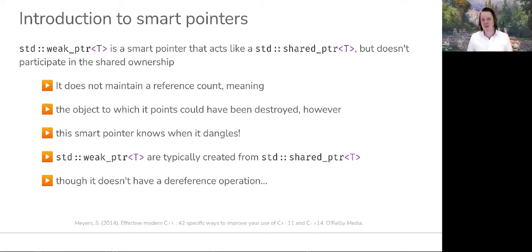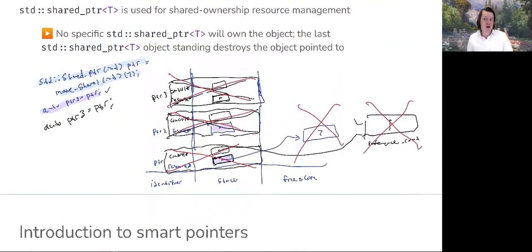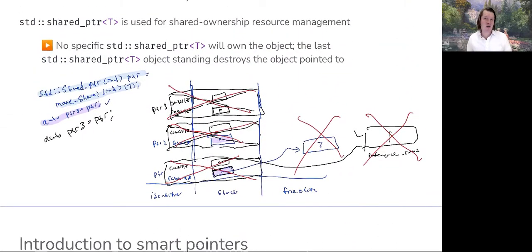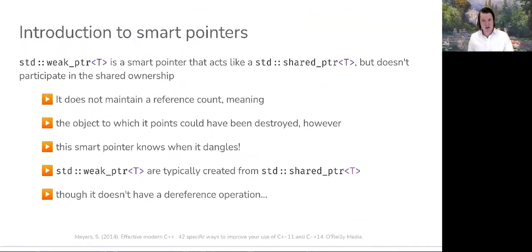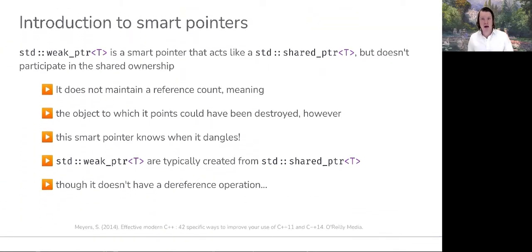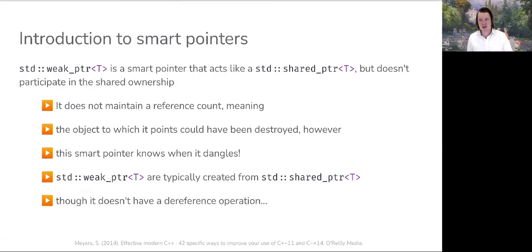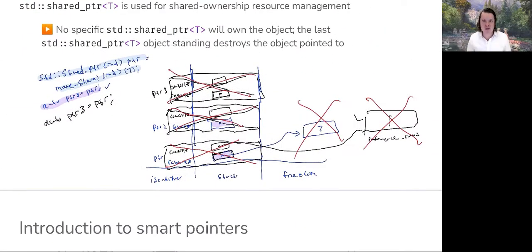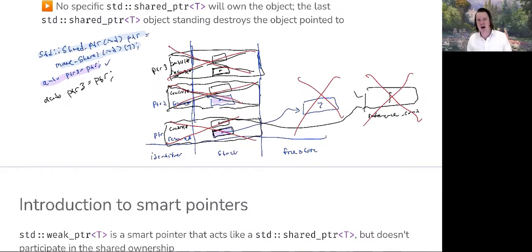The reason why it will know is because it does have access to see what the reference count is. If the reference count is 0, I know that I'm a dangling pointer because the shared pointer would have gone ahead and freed the resource. But you're going, but the control block, what you showed us here, was deallocated. Well, no, not necessarily. The shared pointer would probably check because within our control block, we also have a count telling us how many weak pointers are pointing to the object.